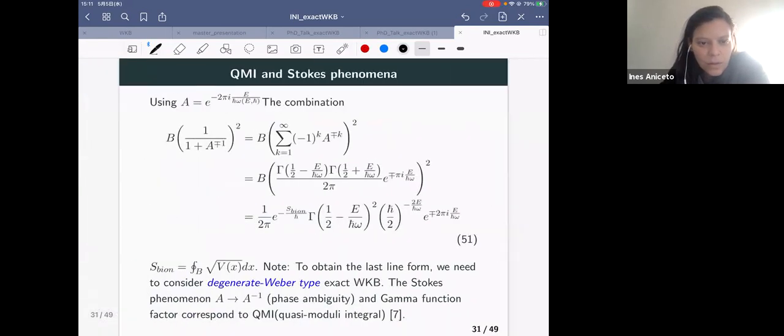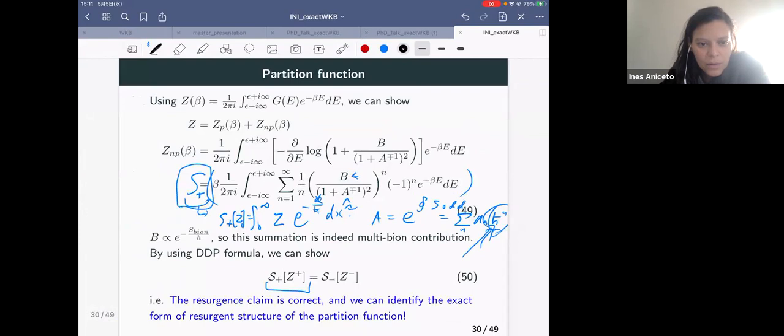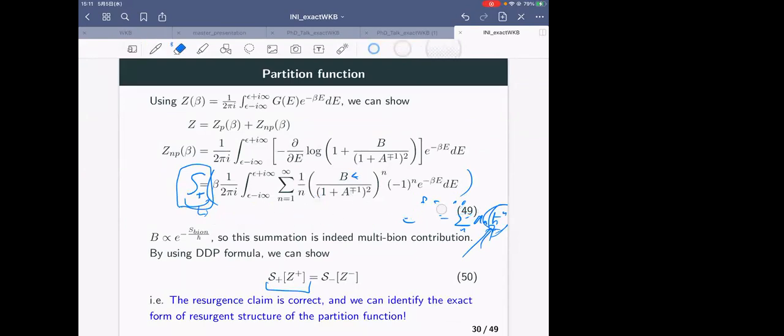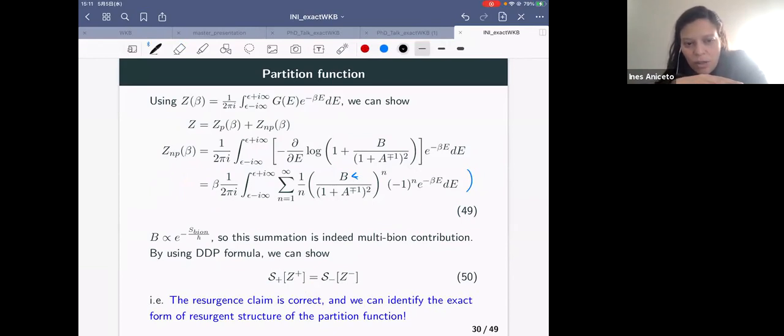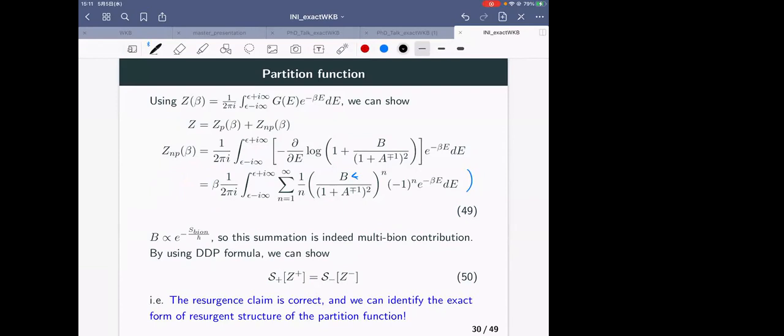So for example, this is a partition function. You're integrating over E. You have the cycles, so you could, in principle, get an expansion in beta, where B and A are some expansions in H bar.